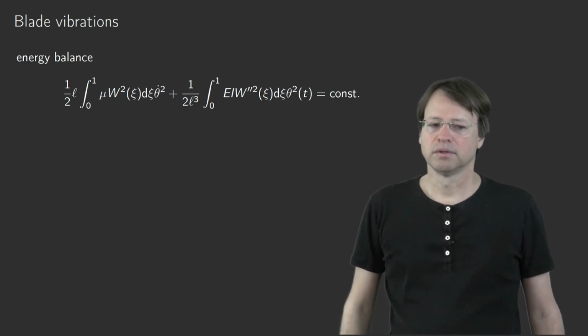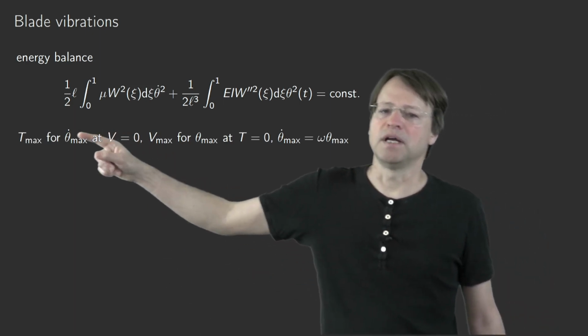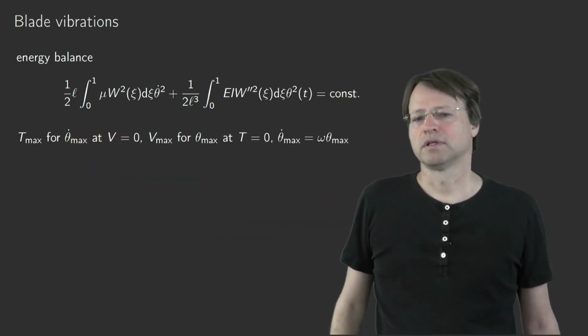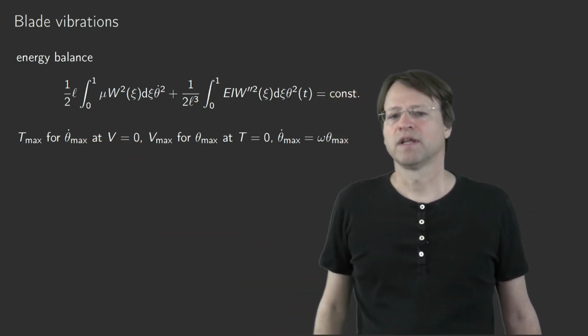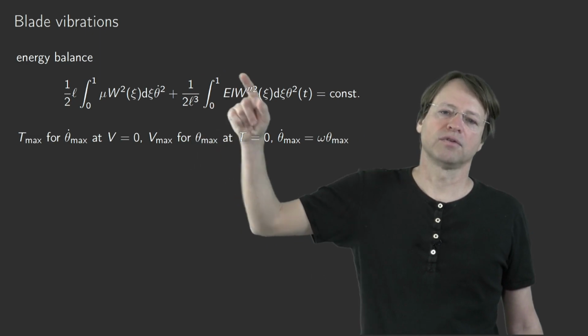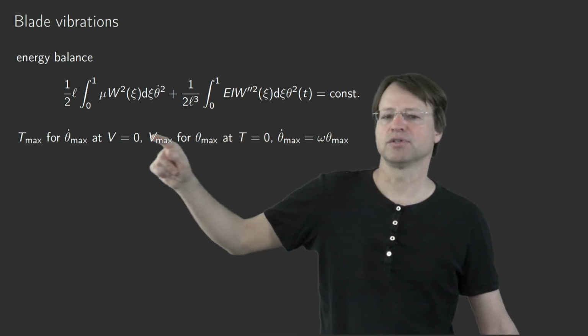We know that we would yield the maximum of the kinetic energy for theta dot max, and that appears if V is minimum, and minimum, as it's a positive quantity, is equal to 0.